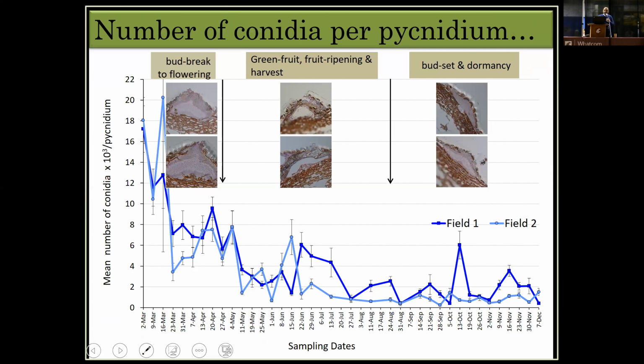Then towards the end of the season at bud set and dormancy, the fungus produces, that's what we see, pathogen and host plants, they co-evolved, they recognize each other. The plant goes into dormancy, the fungus goes into dormancy too. They produce this kind of Pycnidium, which is really kind of dormant. There's no conidia there. They're ready. Then we go into the next year. They all become active and producing spores.